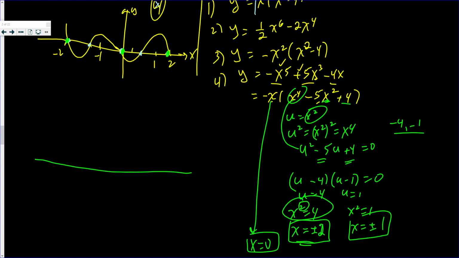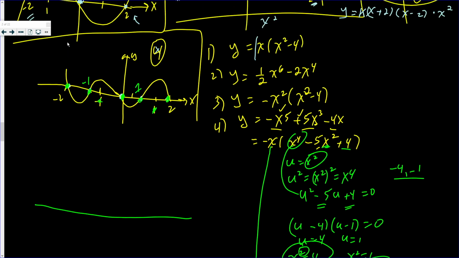And we're going to cross at plus or minus 1. Now, I guess I labeled this wrong. I apologize. Negative 1 and 1. They cross there.